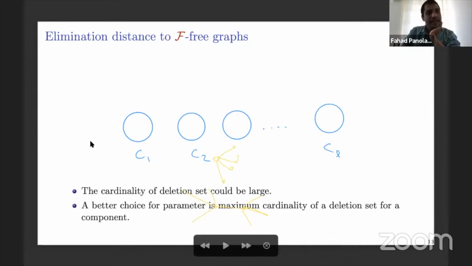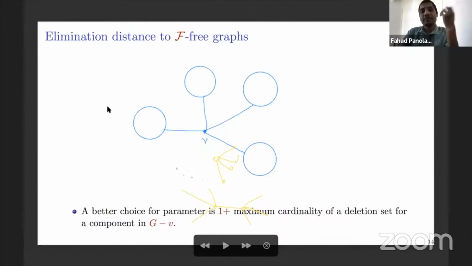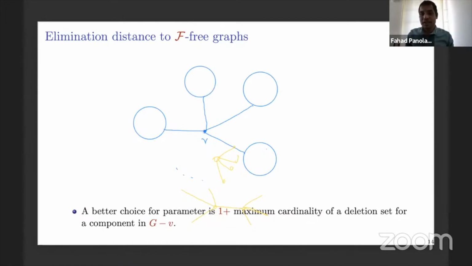Look at another scenario, where you have a cut vertex which will make the graph into many connected components. If you pick this cut vertex, then you will get lots of connected components, and it is better to solve in each of these connected components with a smaller parameter.